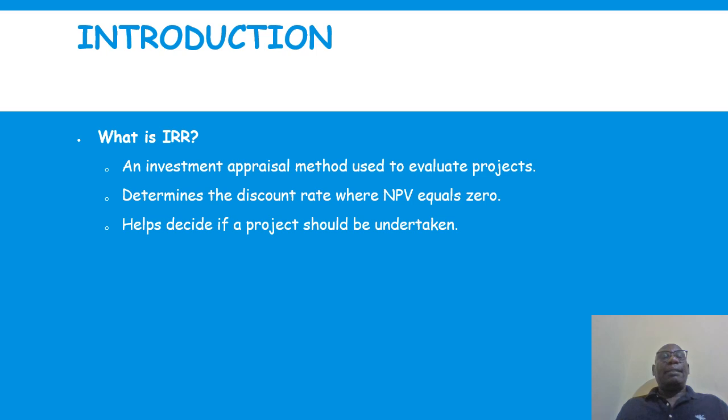This technique basically determines the discount rate where the net present value equals 0. On top of that, it is important that we acknowledge that the internal rate of return aids in making a decision if a project should be undertaken or not undertaken.